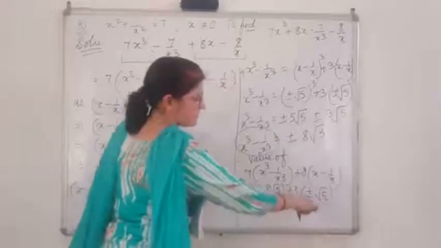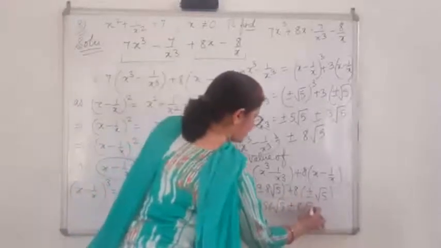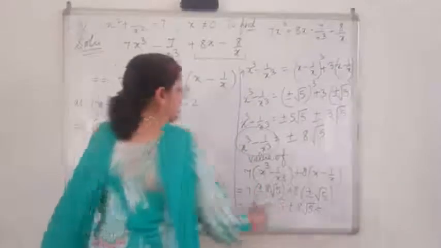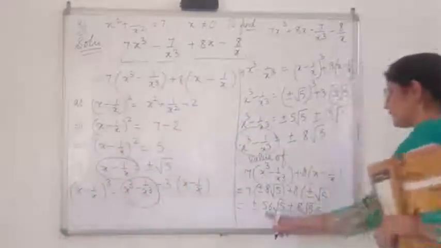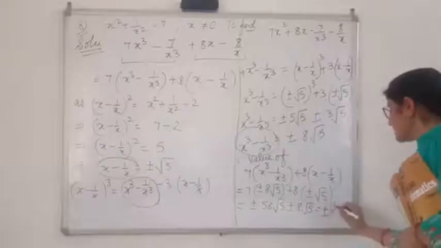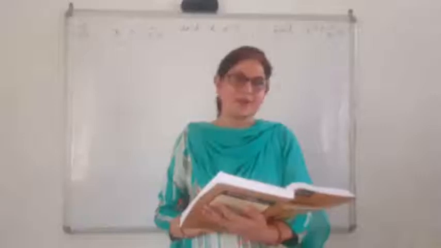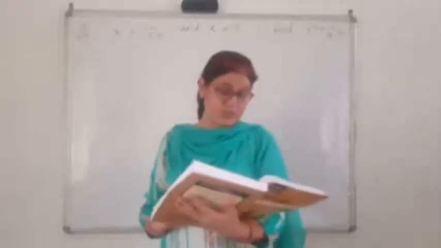Here it is plus, so whatever sign remains the same. 8 root 5. When you add them, what will come? 56 plus 8, 64. So plus minus 64 root 5. This is your answer.